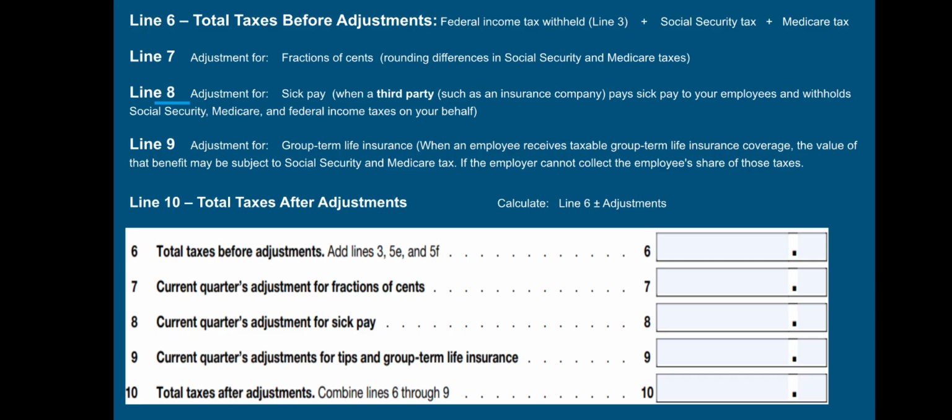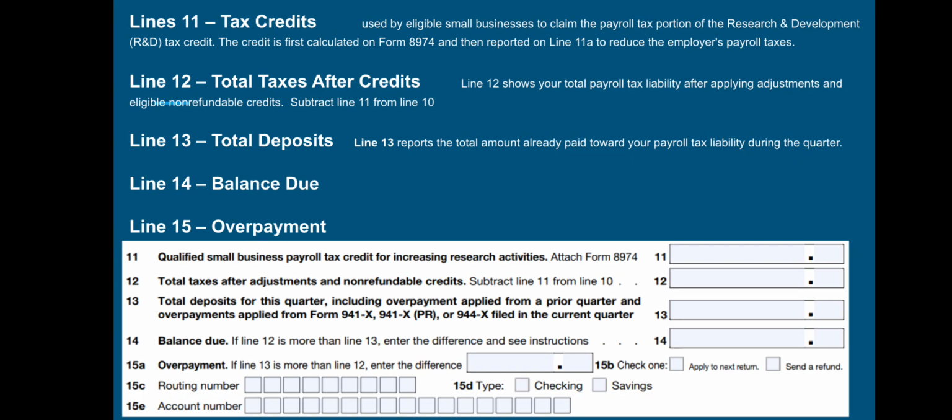So line 11, tax credits used by eligible small businesses to claim the payroll tax portion of the research and development tax credit. The credit is first calculated on Form 8974 and then reported on line 11A to reduce the employer's payroll taxes.